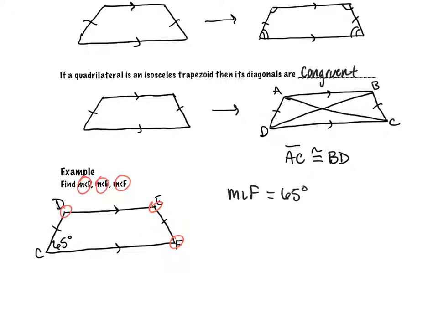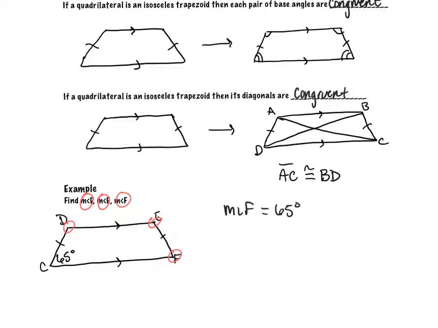So how do I find D and E? Because I have a trapezoid, DE and CF are parallel, and DC acts like the transversal that we talked about in the last unit. So what kind of pair do I have?